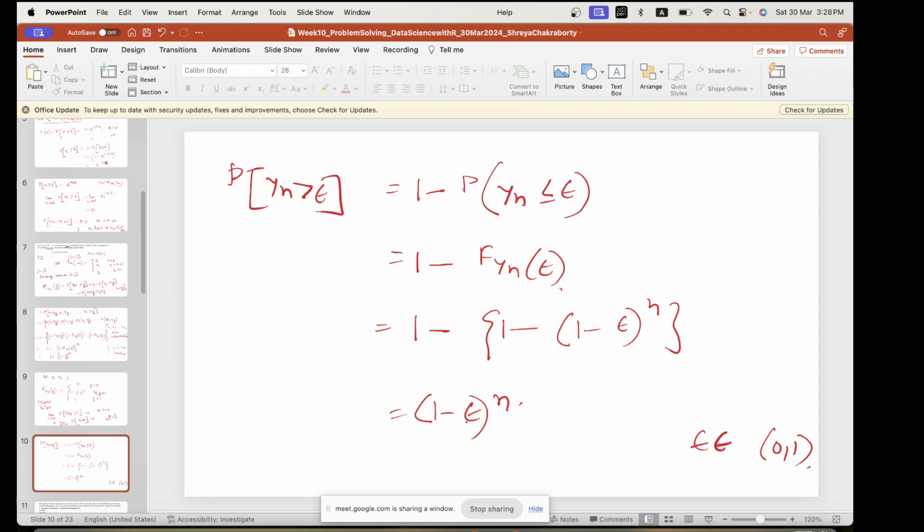If it is 0, then it will be 1. But for epsilon belonging to this range, 0 to 1, this thing will go to 0 because it's a fraction, as n tends to infinity and given epsilon belongs to 0 and 1.